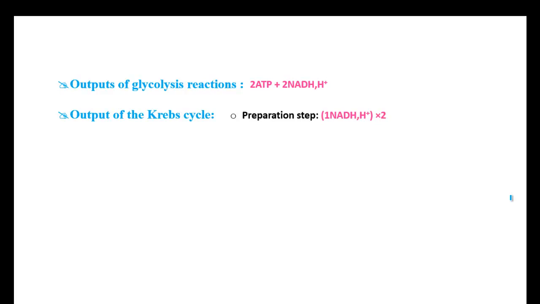For the Krebs cycle, we produce 3 NADH, 1 FADH2 and 1 ATP for every pyruvic acid, so we have to multiply all this by 2. So in the Krebs cycle we produce 6 NADH, 2 FADH2 and 2 ATP.